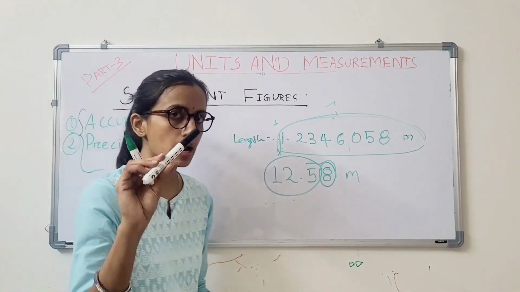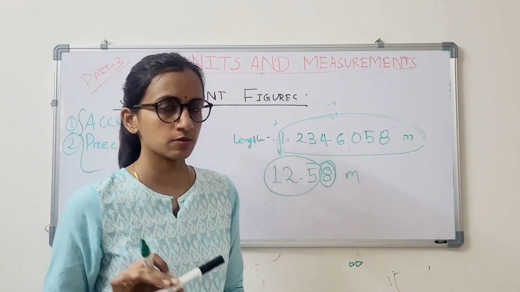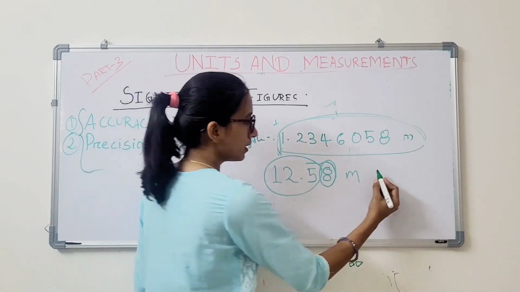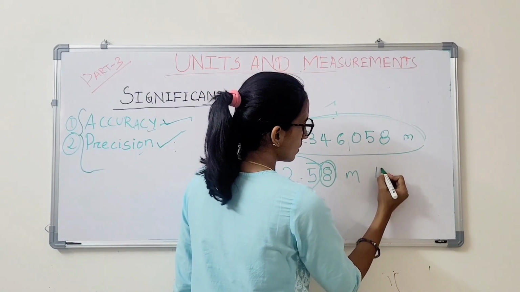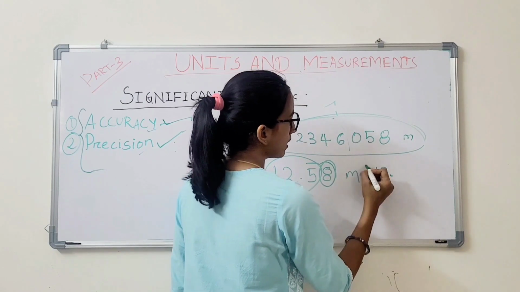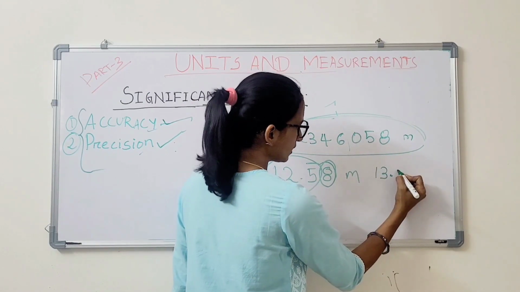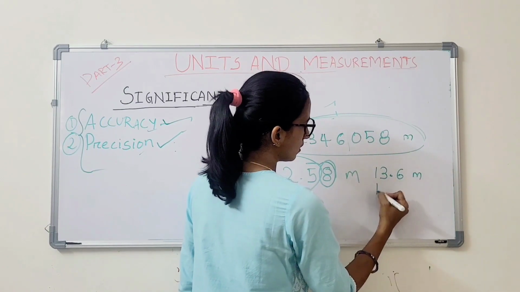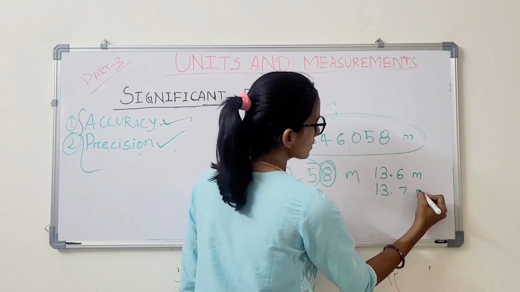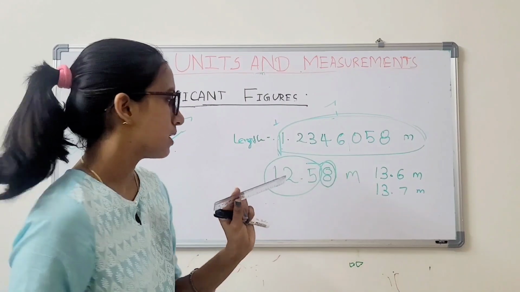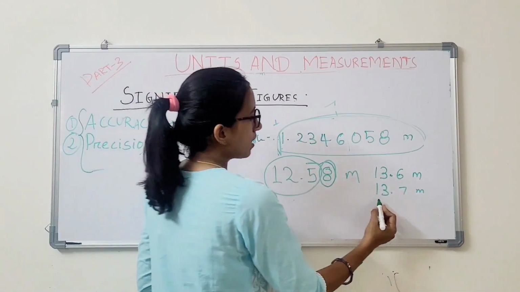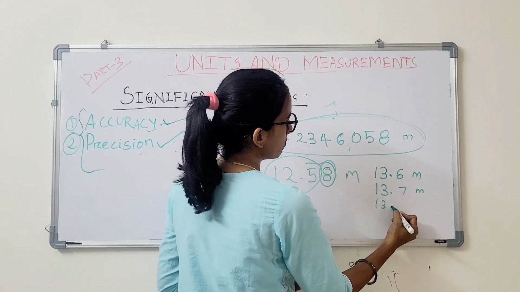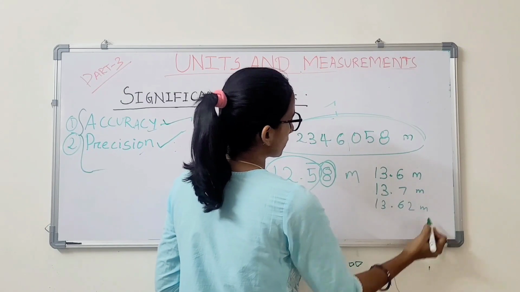For example, I took my marker's length. In the first measurement, I got that the length of the marker is 13.6 meter, and my friend found that it is 13.7 meter by using this scale. And a third friend found that it is 13.62 meter.